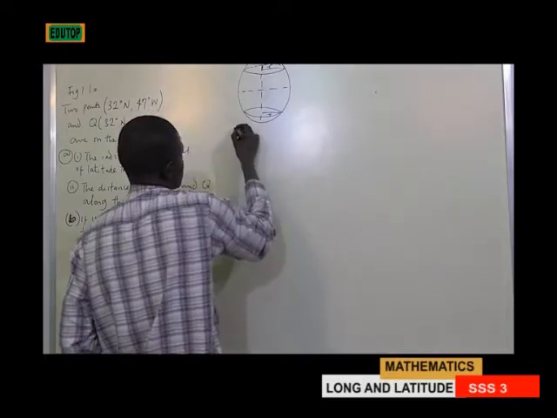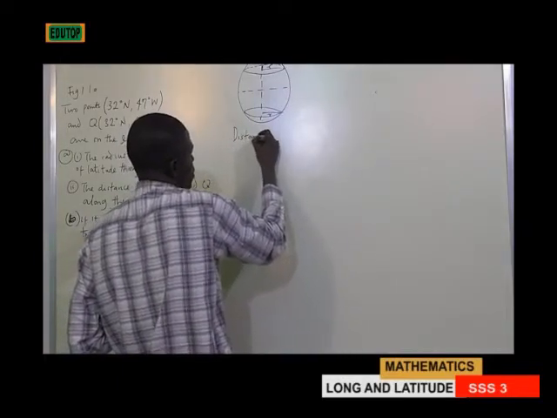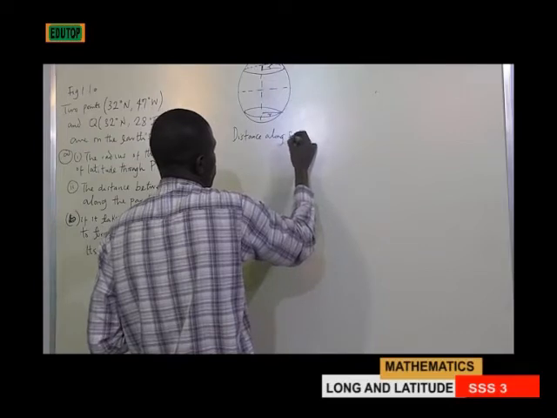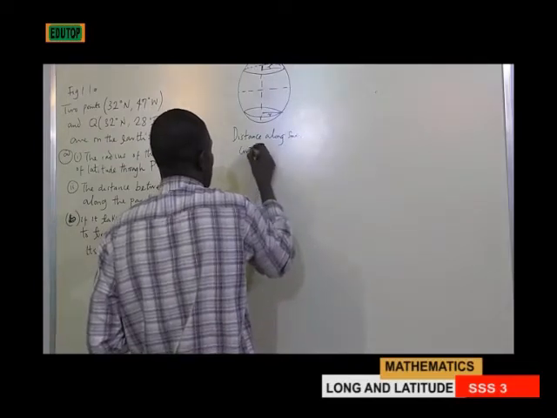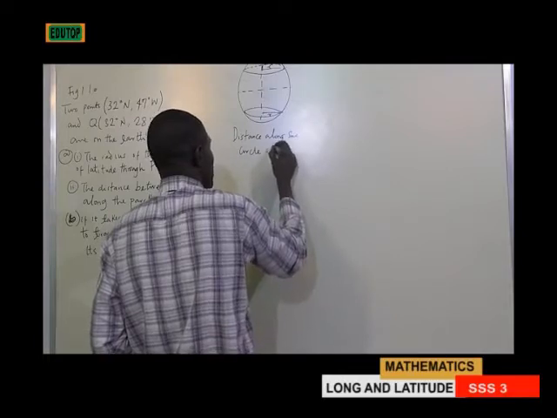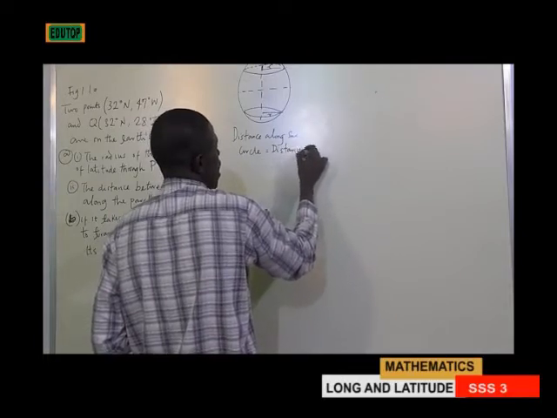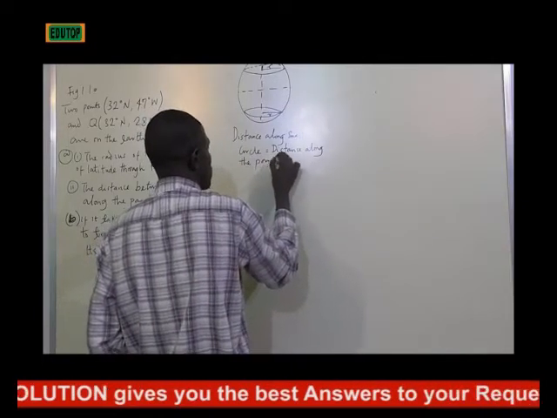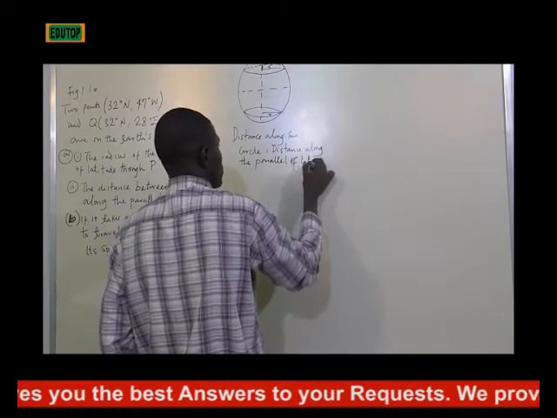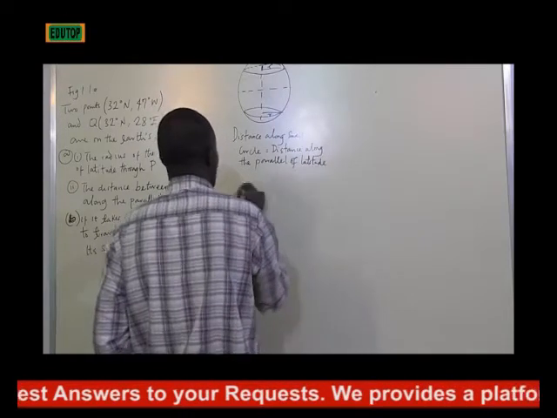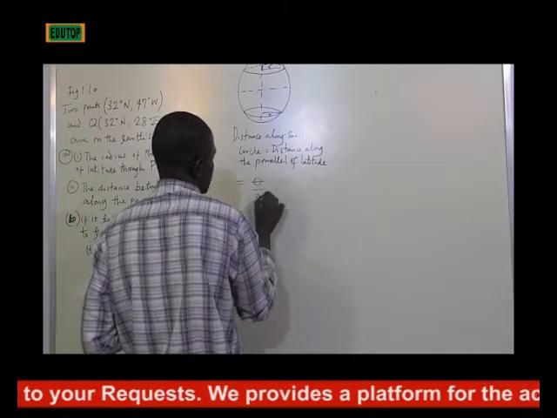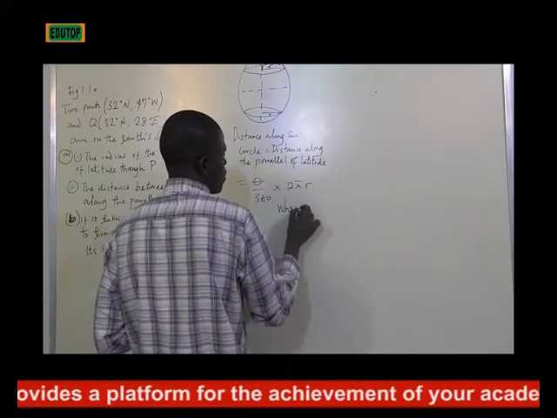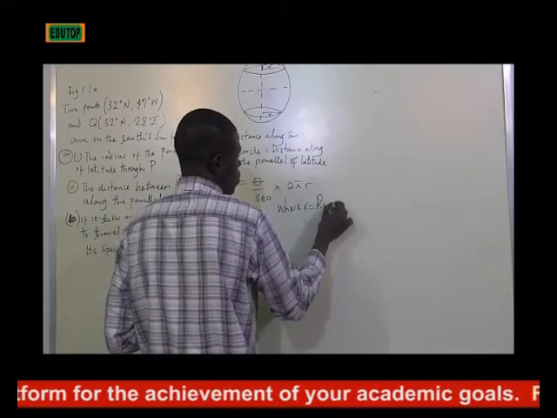The formula: distance along small circle is also the same as distance along the parallel of latitude, and that is given as theta over 360 times 2 pi small r, where small r is r cos alpha.